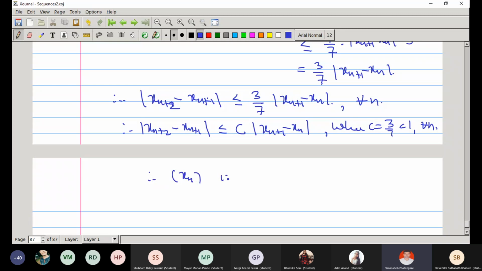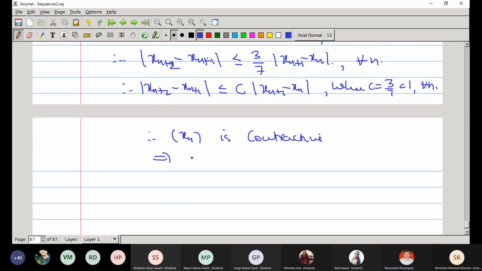Therefore xn is contractive. Every contractive sequence is Cauchy, so xn is Cauchy. One more thing, you can directly prove that this sequence is Cauchy, and hence it is convergent.